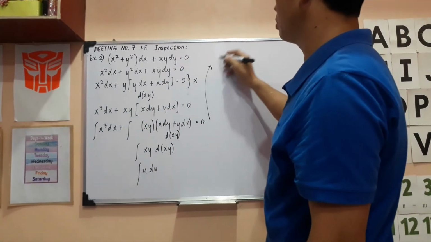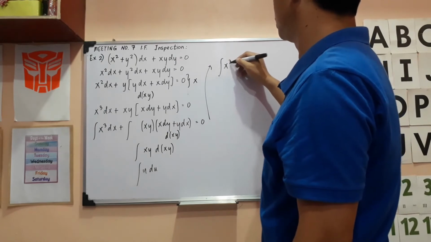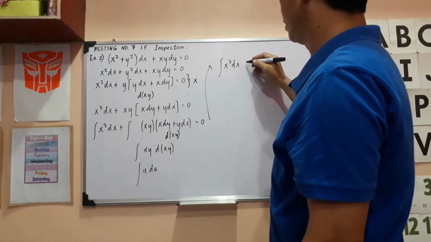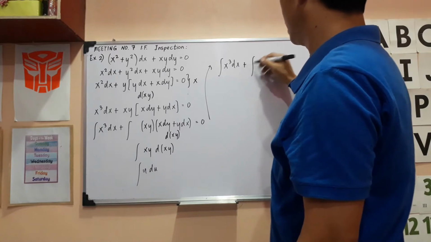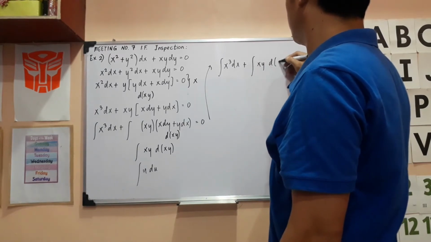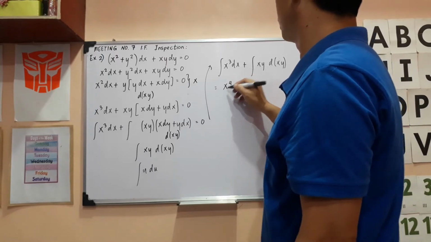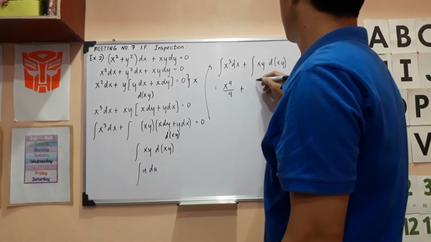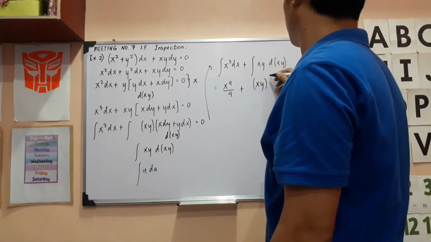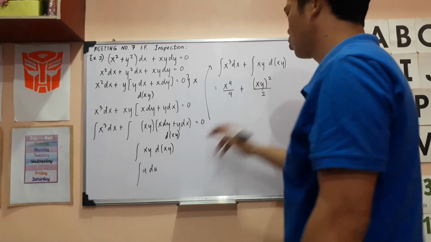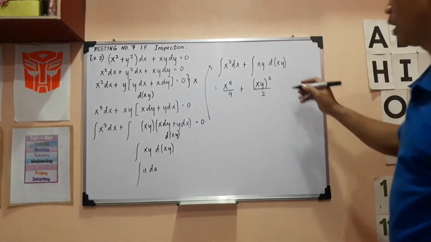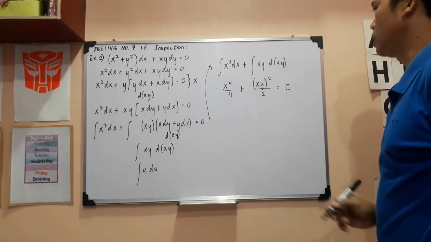So, to simplify, we have the integral of x cubed dx, plus the integral of xy, and then derivative of xy. So, equals x to the fourth over 4, plus xy squared over 2 because of u squared over 2. Then now that is equal to c.